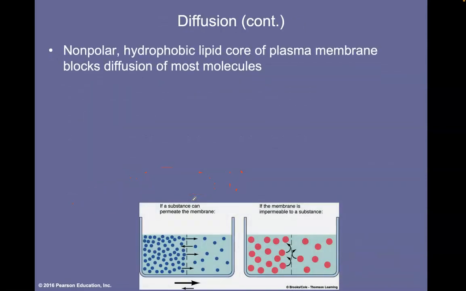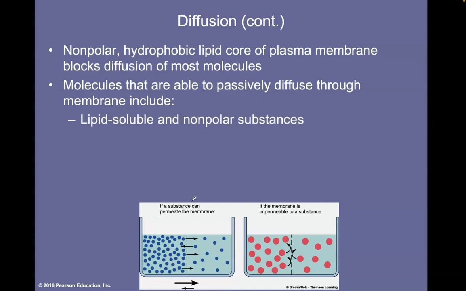So when we talk again about diffusion through that plasma membrane, we already talked about the fact that the nonpolar, hydrophobic lipid core of the plasma membrane is going to block a lot of things. And that's why we have that hydrophobic lipid core, so that it can block things out.